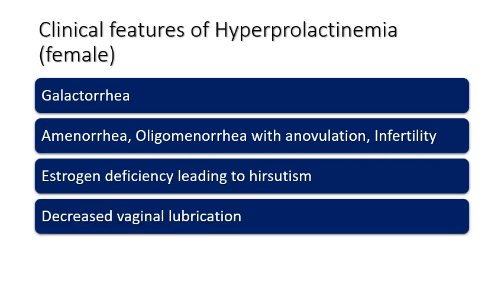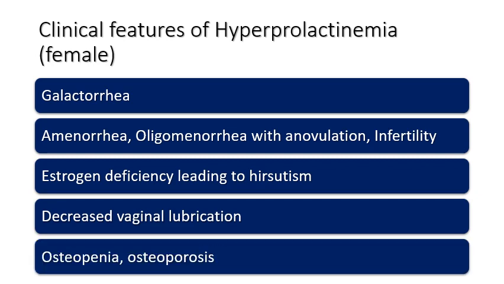Due to estrogen deficiency, there will also be reduced vaginal lubrication. And the estrogen hormone, besides its important physiological effect on female sexual characteristics and sexual functions, plays an important role in maintaining bone strength. So when there is estrogen deficiency, there will be osteopenia and osteoporosis and increased risk of fractures.